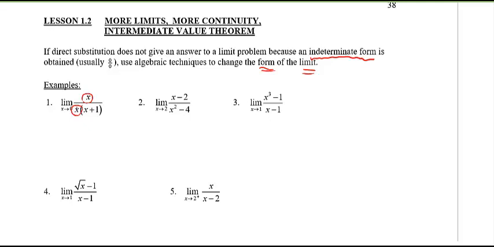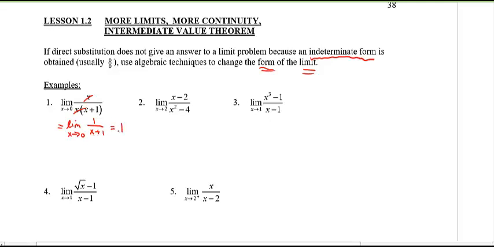If you thought about that, you are correct. Remember, what we need to do with the algebraic techniques is ultimately simplify this expression. Once we've simplified it by dividing out both x's, we have this simplified form. Now if we plug in the limit as x approaches 0, the answer is 1.